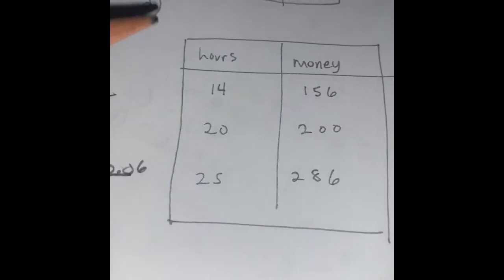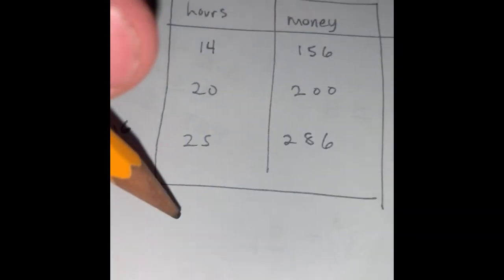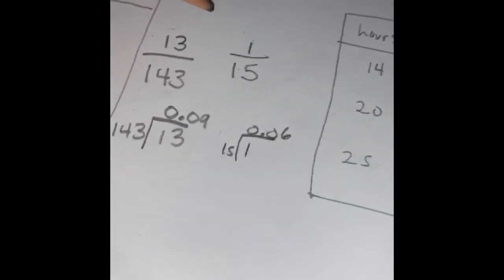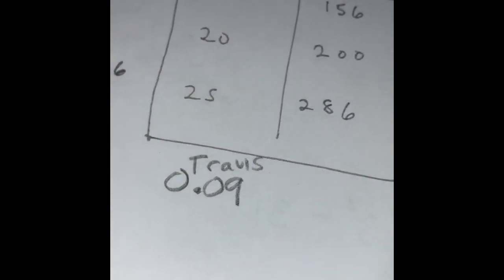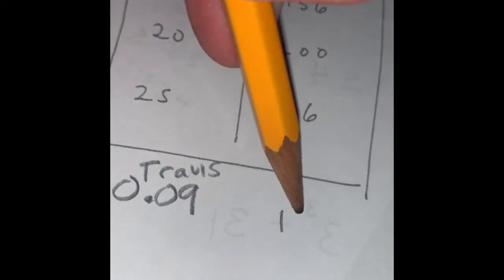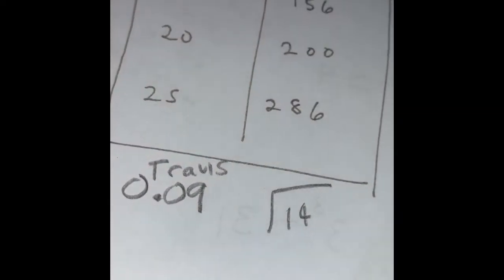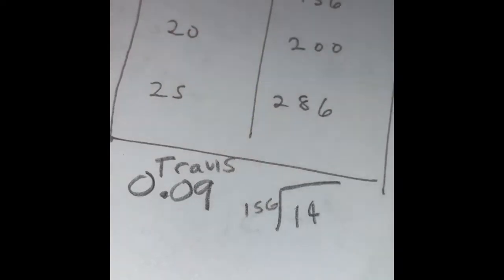So if I go to D, once again, if I use my initial rate, which is 13 over 143, and I know it comes out to 0.09, and I'm just going to put Travis's. Now I'm going to do 14 divided by 156.